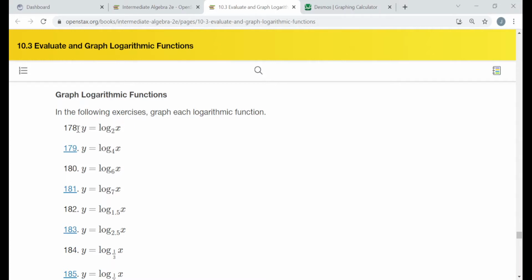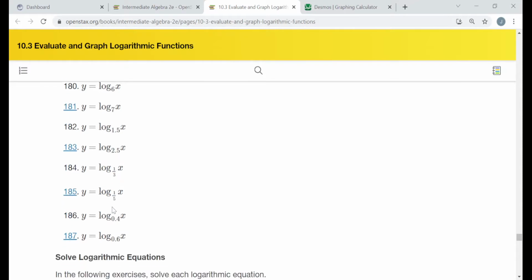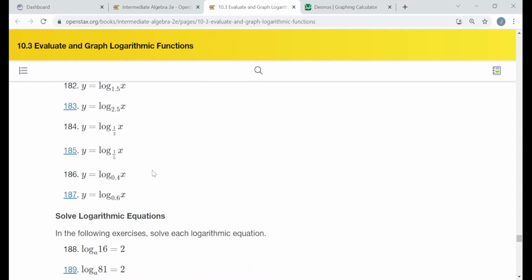Now I'm only going to be doing the even numbered exercises, the ones that don't have a link to solutions, since the odd numbered ones have a link to the solution, so I won't be doing those. So that'll be exercise 178, 180, 182, 184, and 186.